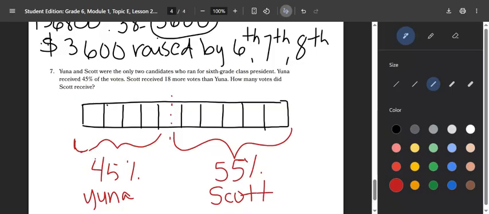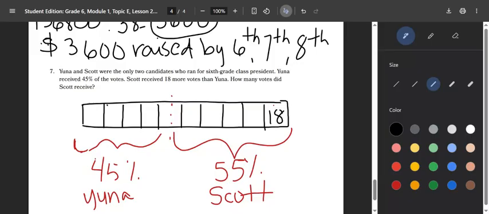Now we'll have this one unit right here be the number of votes that Scott got. 18. He got 18 more, right?